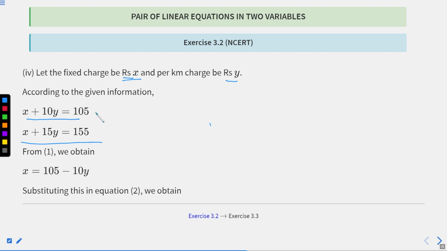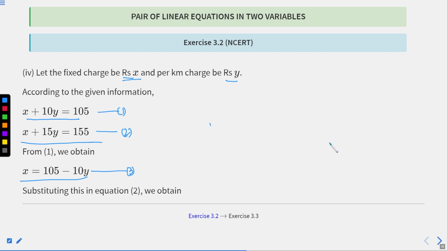This is equation 1, this is equation 2. From equation 1, we obtain the value of x equals 105 minus 10y. So here we could express the variable x in terms of y, and we name this equation number 3.